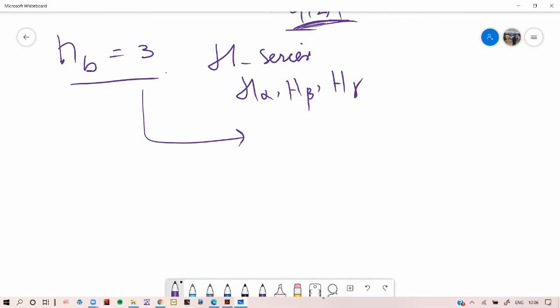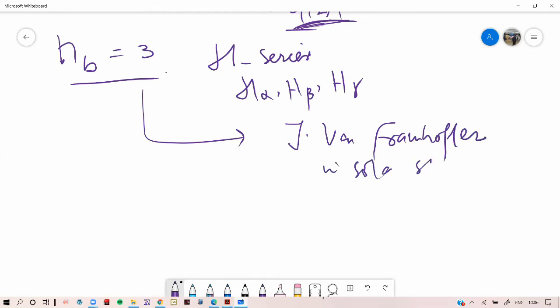This H series, or the H alpha series, was investigated by J. von Fraunhofer in the solar spectrum. The strong line in this series, for Nb equal to 3, was at 6563 angstrom.